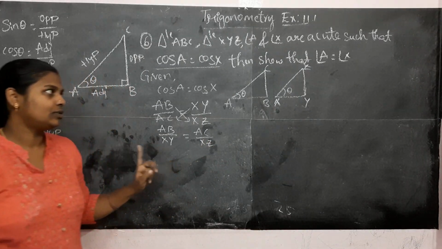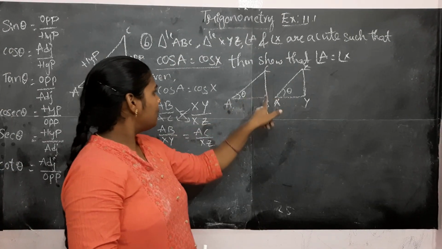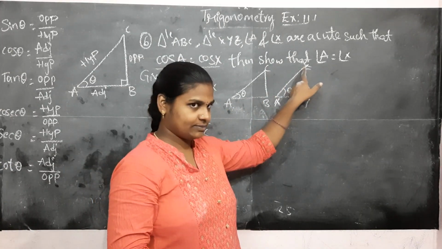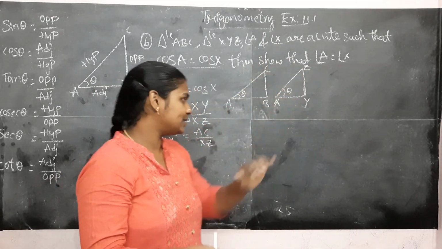Now let us figure out BC by YZ, which is nothing but the ratio of the opposite sides.